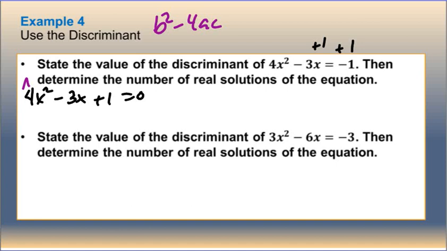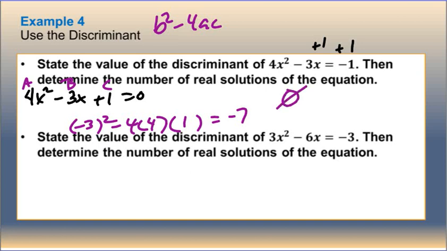So here's my a, here's my b, here's my c. b is negative 3, my a is 4, and my c is 1. So that would give us 9 minus 16. 9 minus 16 is negative 7. And negative 7 tells us that there are no real solutions.